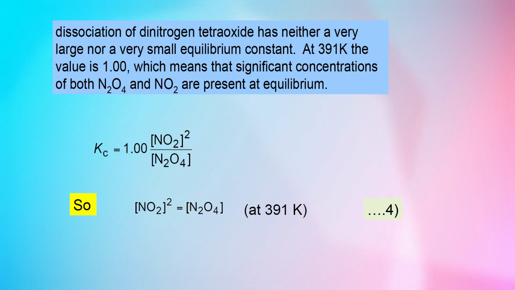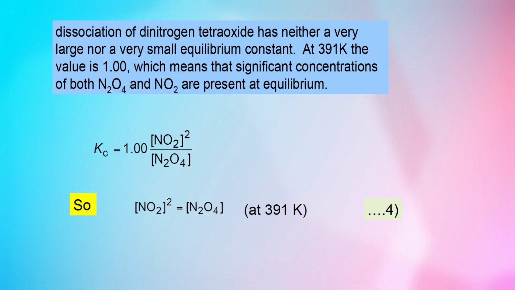So, this reaction of dissociation of dinitrogen tetroxide has neither a very large nor a very small equilibrium constant. The product NO2 on the top and N2O4 in the denominator, and they are the same.